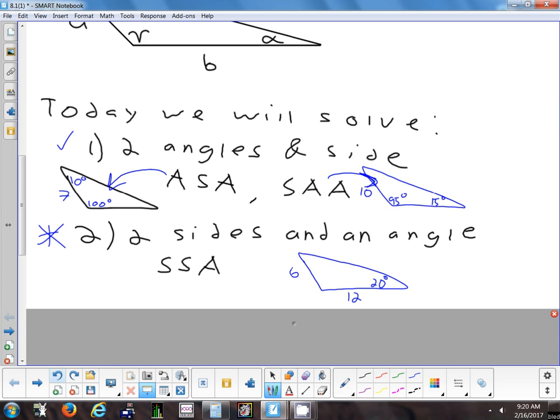They might have given you information that you can solve, and you only get one answer. Or the information could lead to two answers. So there are three different things that can happen in this second case, and it's the only case you have to worry about that. Everything else we solve using law of sines, there's always one solution. Always. Except for the side side angle case.